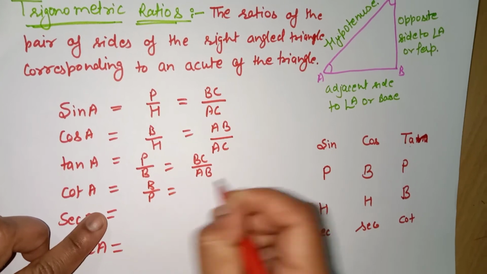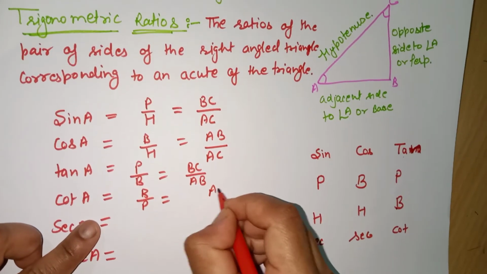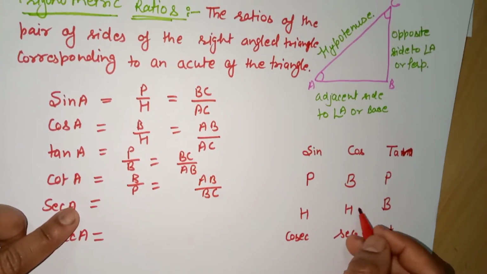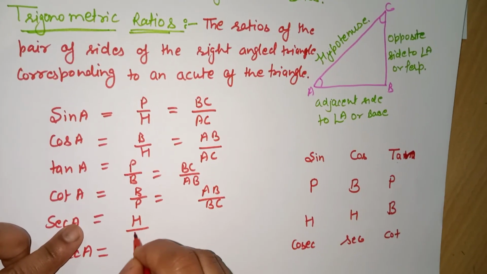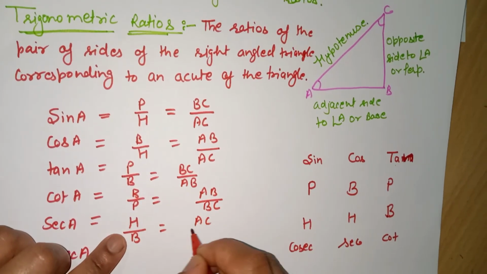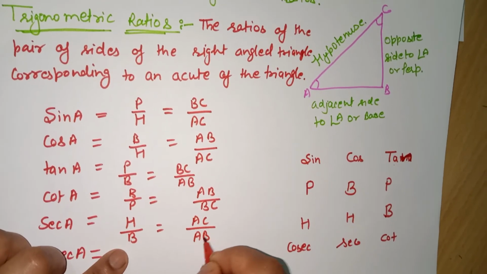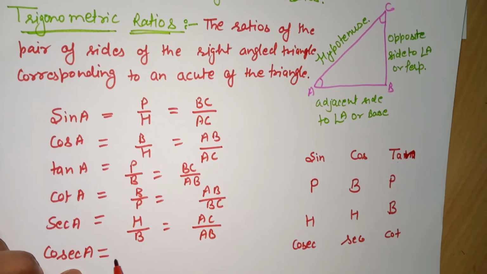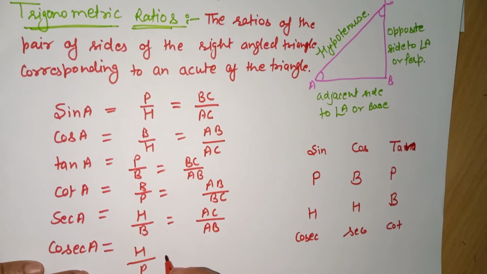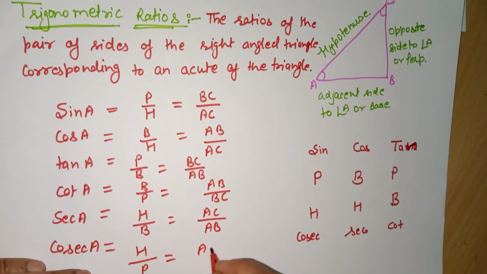Here the base is AB and the perpendicular is BC, and the value of secant is hypotenuse upon base. Here the hypotenuse is AC and the base is AB, and the value of the last trigonometric ratio is hypotenuse upon perpendicular, that is AC upon BC.